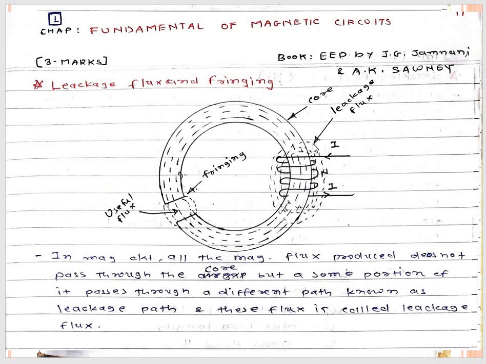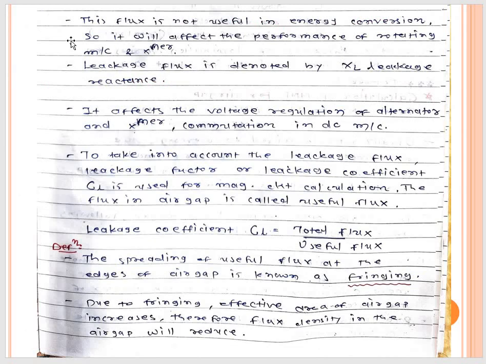This is the non-desirable path, known as the leakage path, and this flux is called leakage flux. This leakage flux is not useful for energy conversion purposes.